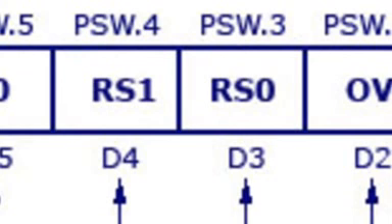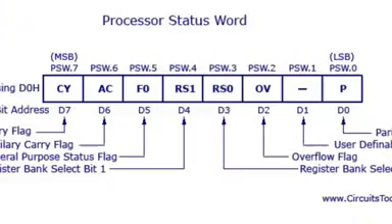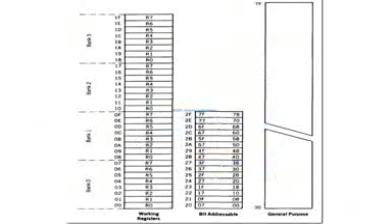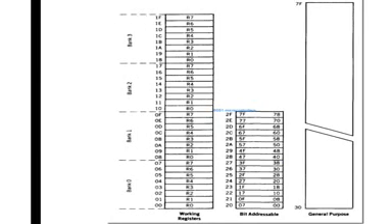When D4 is 1 and D3 is 0, then bank 2 will be selected. And when D3 is 1 and D4 is 1, both 1, then bank 3 will be selected. In this way the banks are selected: bank 0, bank 1, bank 2 and bank 3. Depending on that, whatever register we take, by default that register location will belong to that bank.